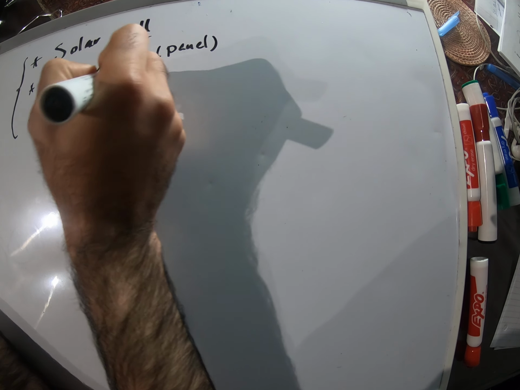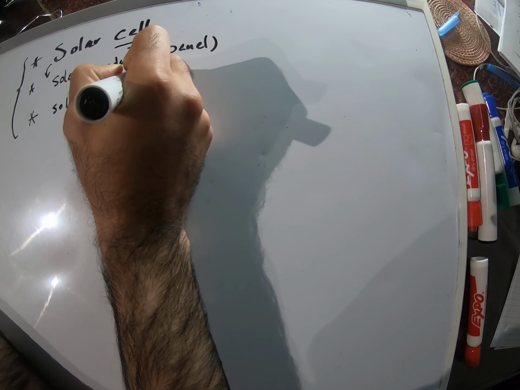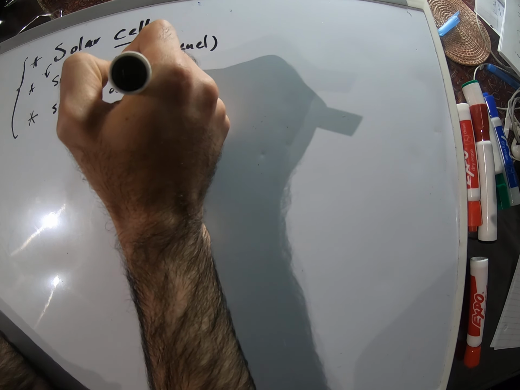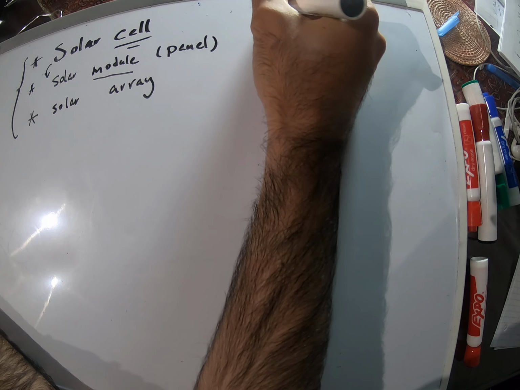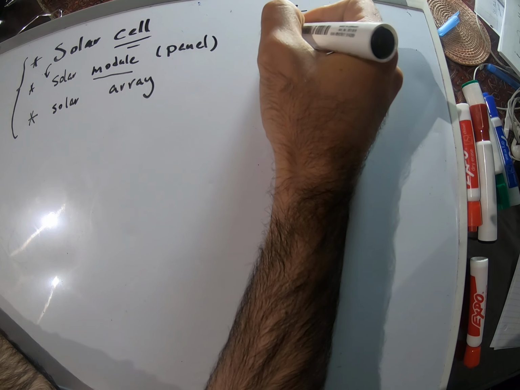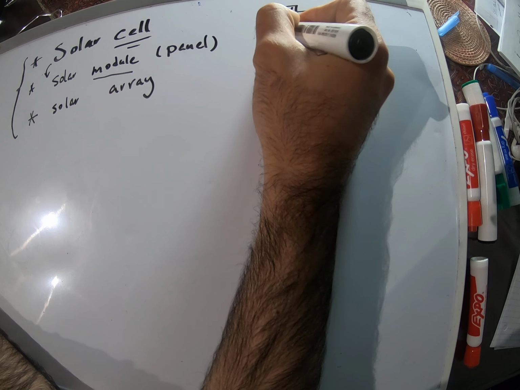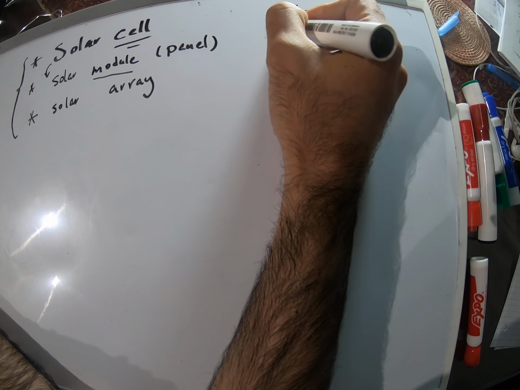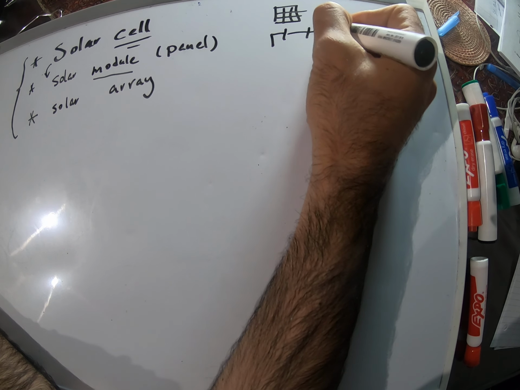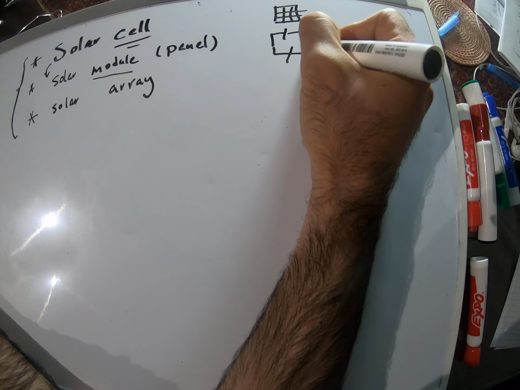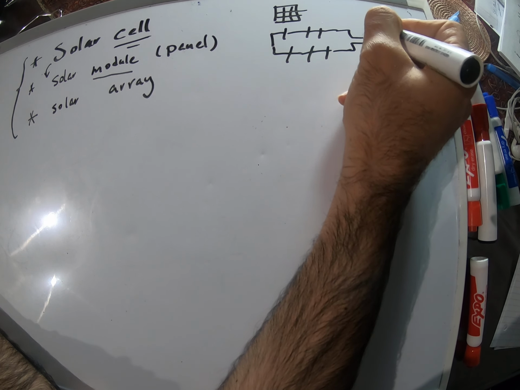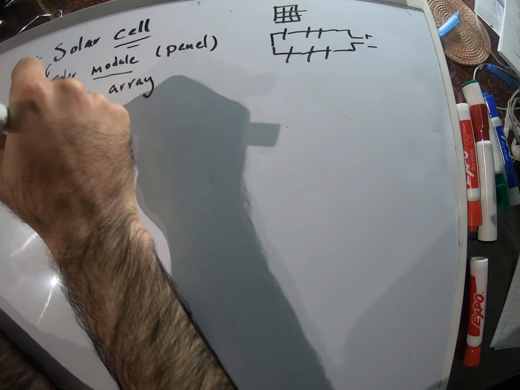So when we talk about modules or panels or arrays or cells, this is basically what they look like. If you have a solar cell, and you put multiple of them together, then you get a solar module.